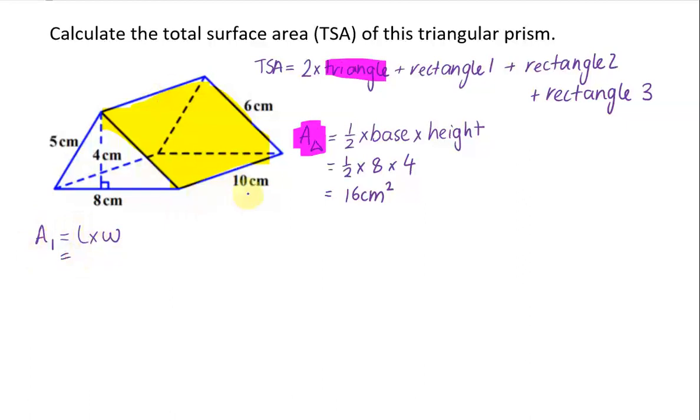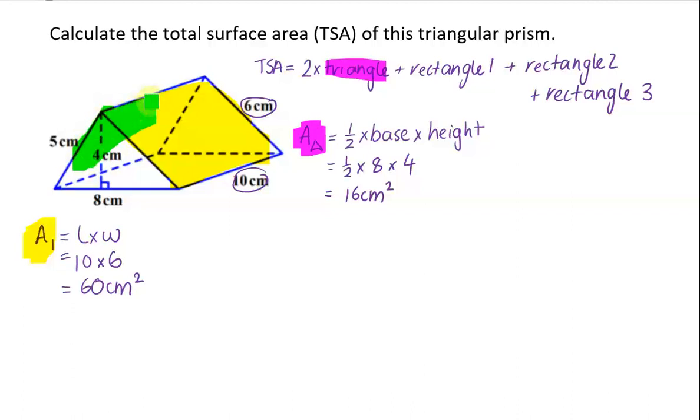The length of our rectangle is 10 centimeters and the width is 6 centimeters, this side here and this side here. So we have 10 times 6, which equals 60 centimeters squared. I'm going to do that in yellow so we remember which face that was, this front yellow face.